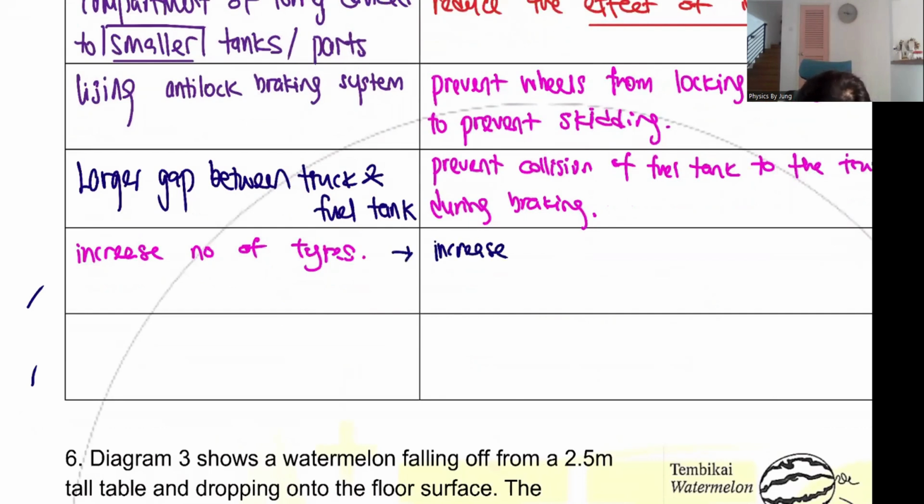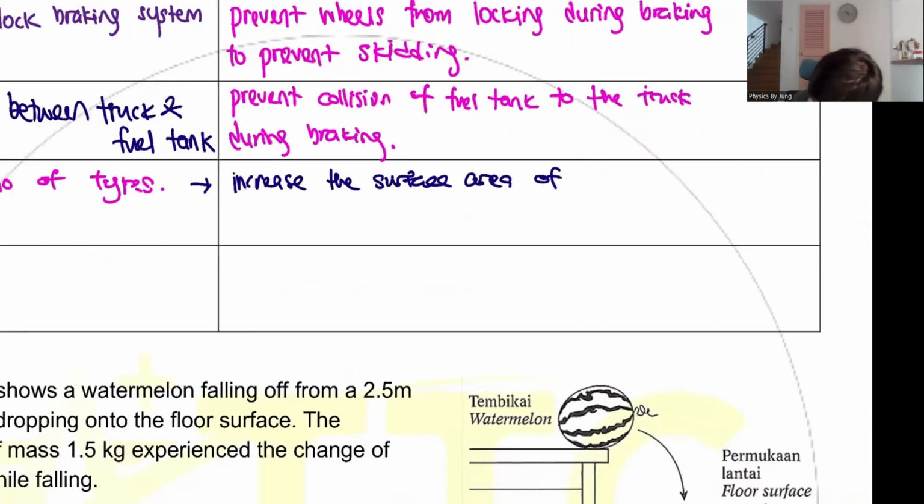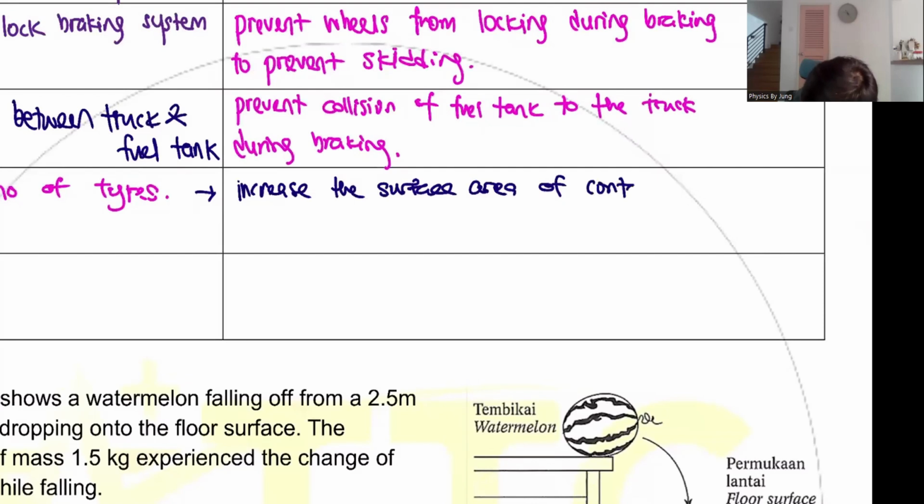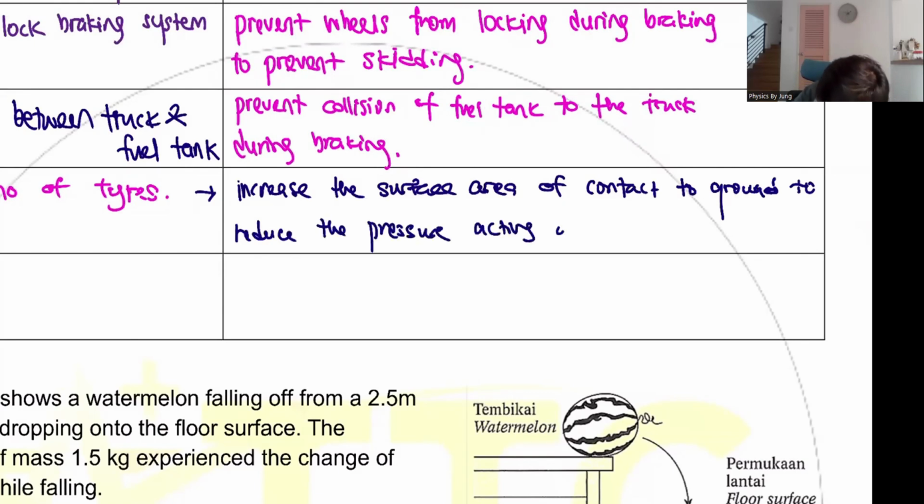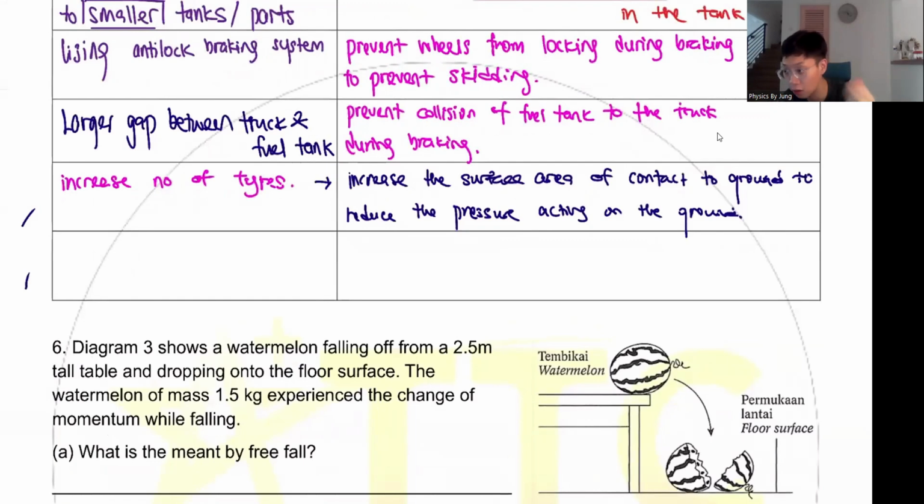I can increase the surface area of contact to the ground to reduce the pressure acting on the ground. Okay, can? All right. So what I'm trying to do here is increase the surface area of contact to the ground to reduce the pressure acting on the ground. So increase area, reduce pressure. That's the whole point of it.